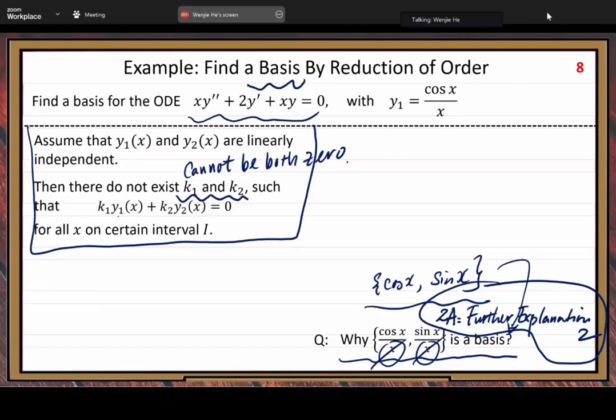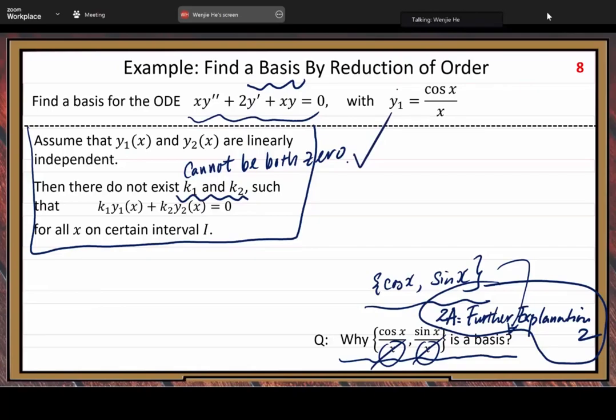So k1 and k2 cannot be both 0. At least one of the two numbers is non-zero. Under that condition, then you can say this. This condition is important.